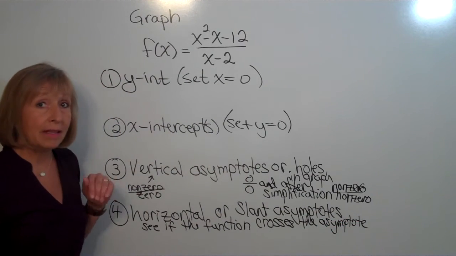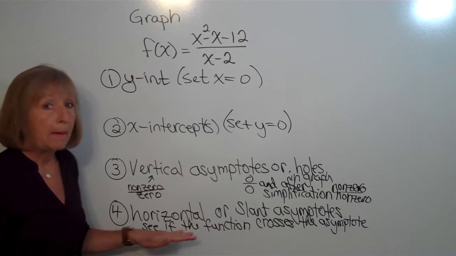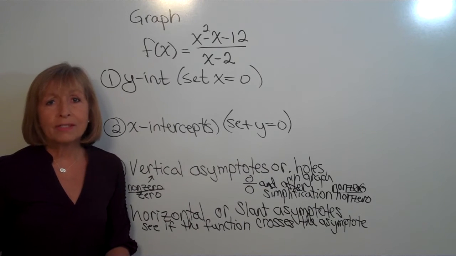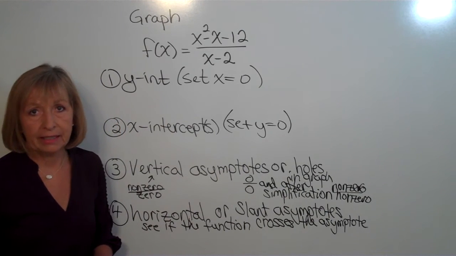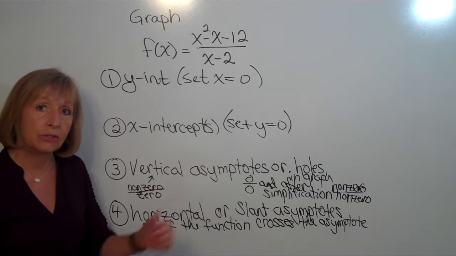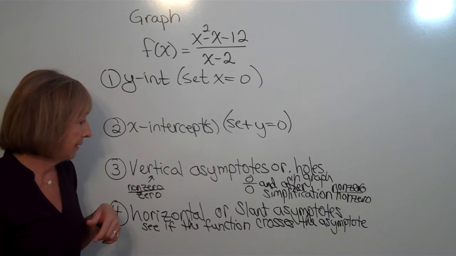So your curve will never cross a vertical asymptote, but it might cross a horizontal or slant asymptote. Your horizontal and slant asymptotes are actually your end behavior of this graph, what the trend is of the y's as you look forever left or forever right.